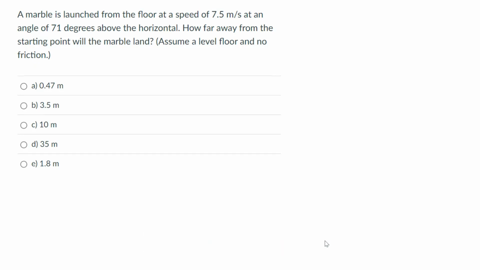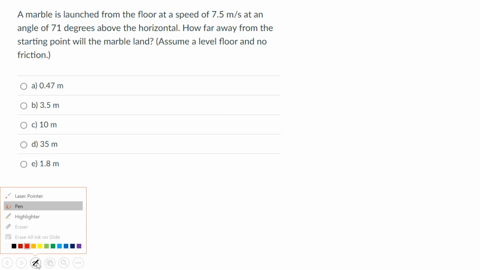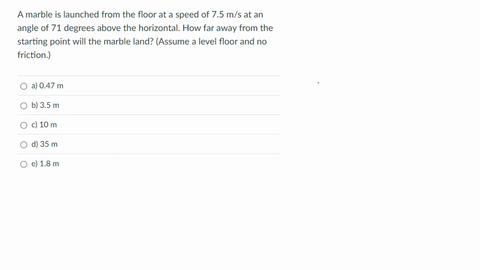All right, so for this one, basically what you're doing is the range equation. It's not that hard. You've got your little marble, and you basically have to find delta x, which is really the range. There's a range equation that I gave to you.